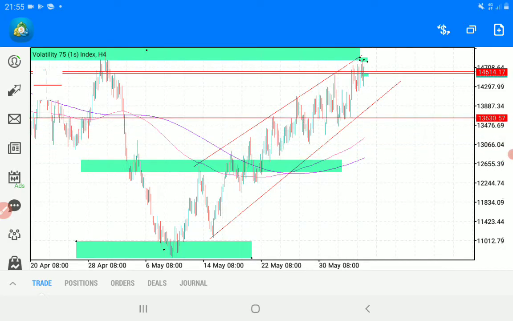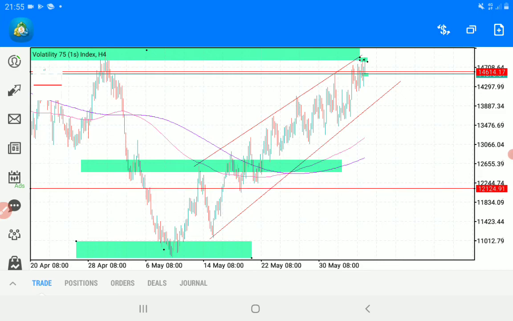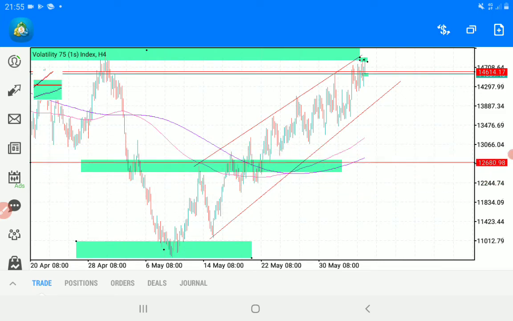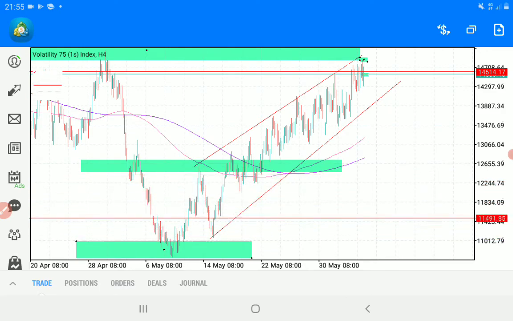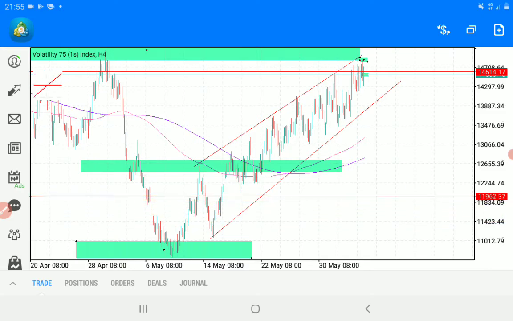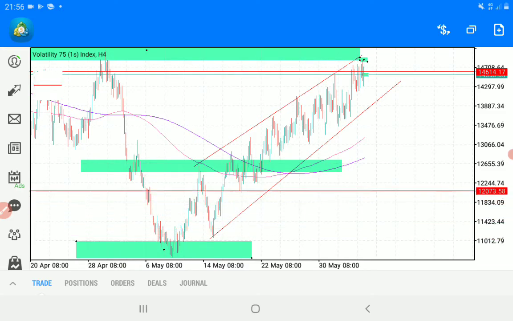So for an example, here the market is going down, right? It's retesting. So after retesting, you can actually buy. So usually the market will be on a range. It's retesting, and then after retesting it buys.